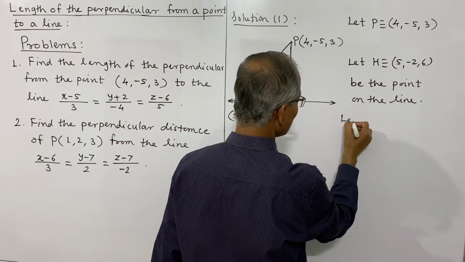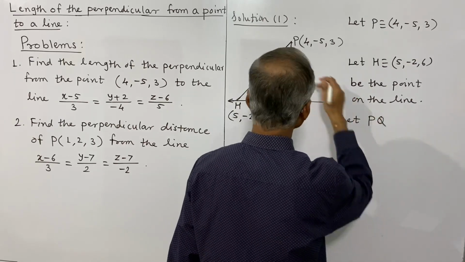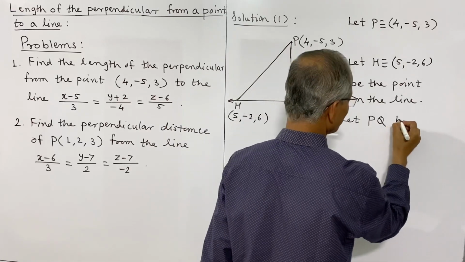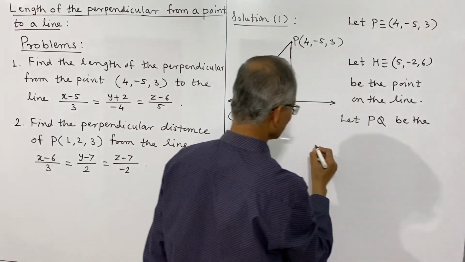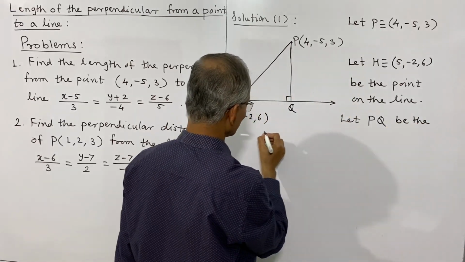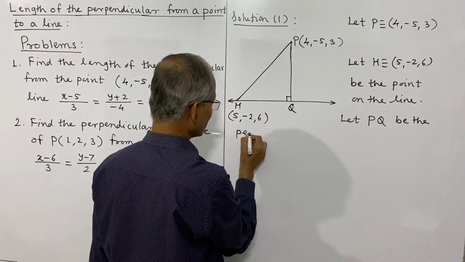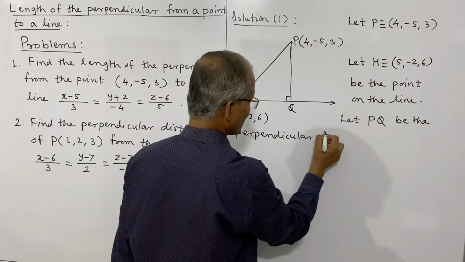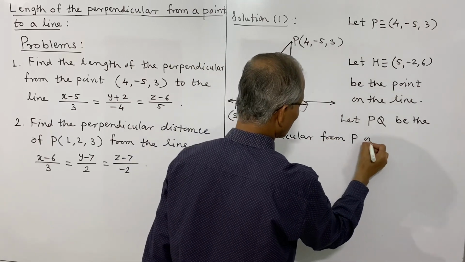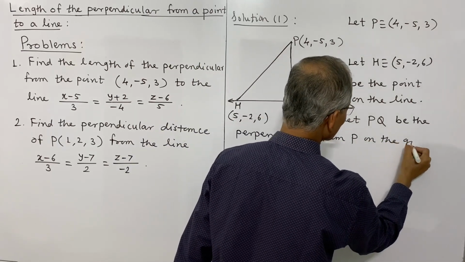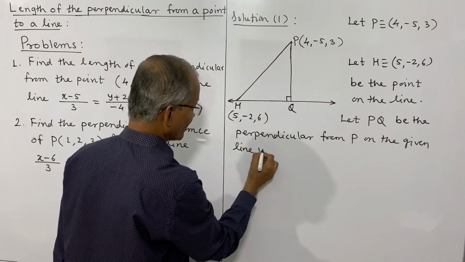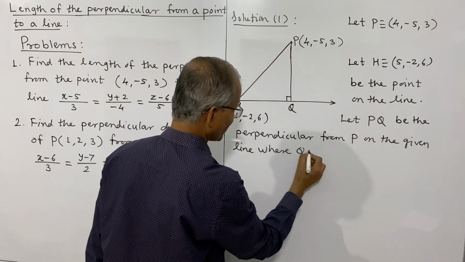And further we shall suppose PQ is the perpendicular from P on the given line, where Q is the foot of the perpendicular.